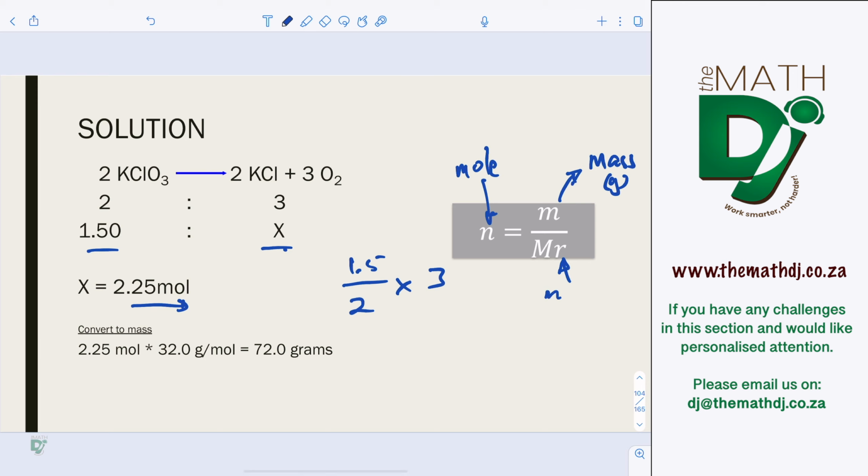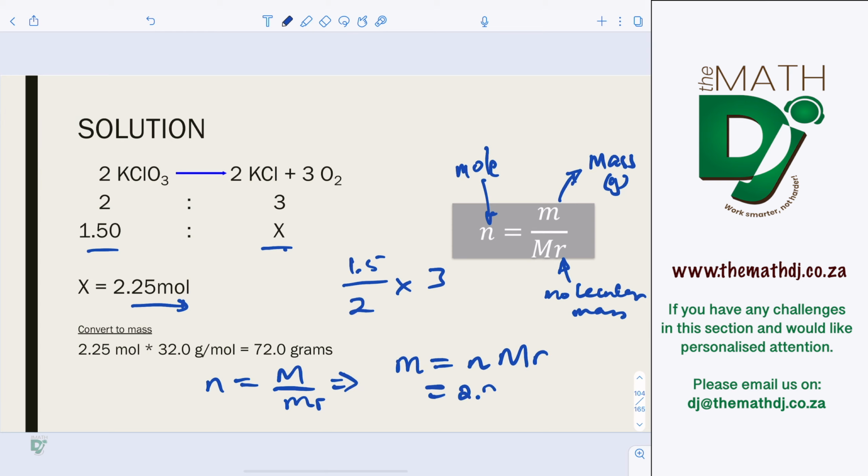So to convert the moles into grams, we want to find the grams, so we just change the subject of the formula. So m is equal to n times M. Number of moles is 2.25.